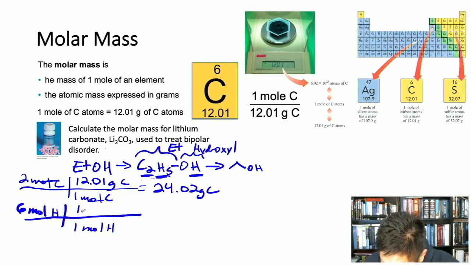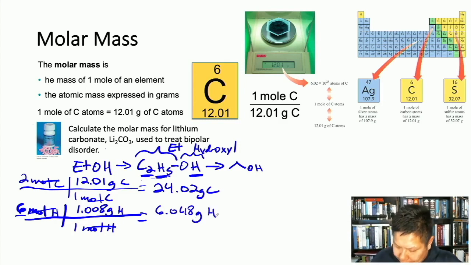I'll just go ahead and tell you, it's 1.008 grams of hydrogen. Again, another simple thing here, we just multiply 6 times 1.008 because 1 is already down there. We'll cancel out moles of hydrogen, we're left with grams of hydrogen. And what we get there now is 6.048 grams of hydrogen.